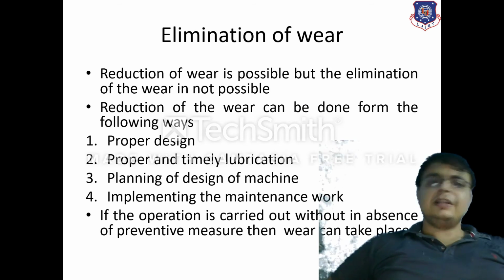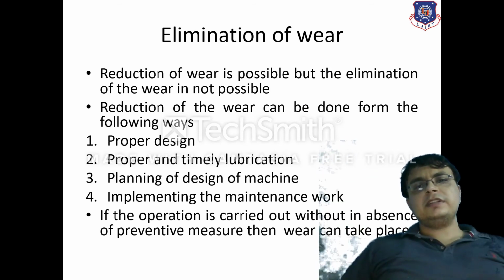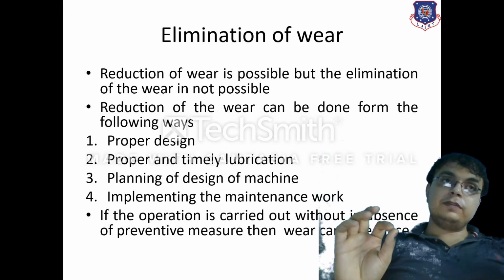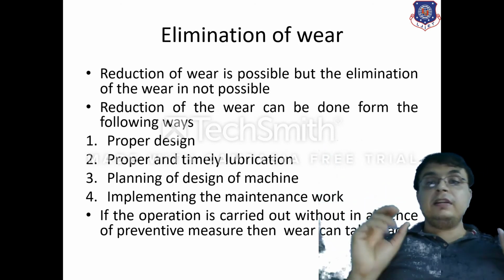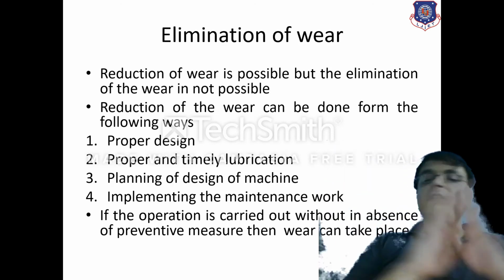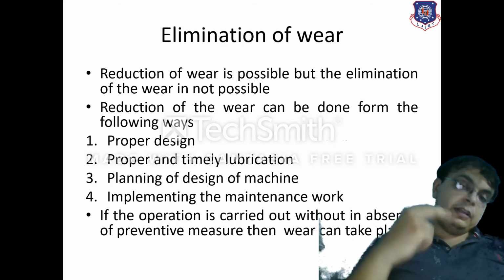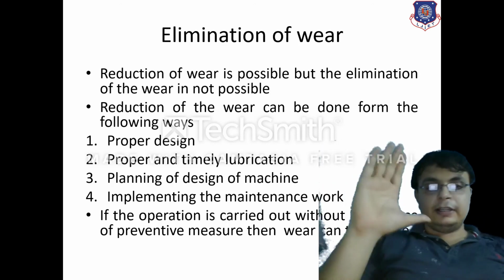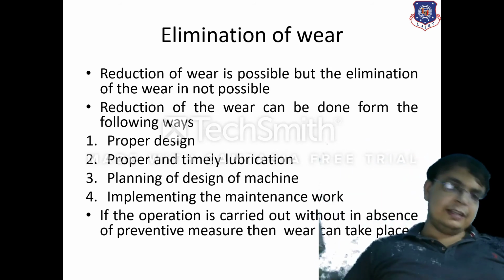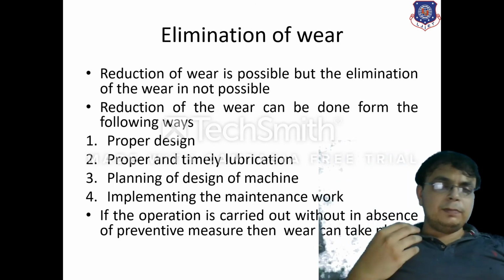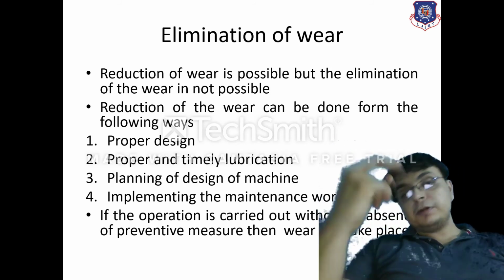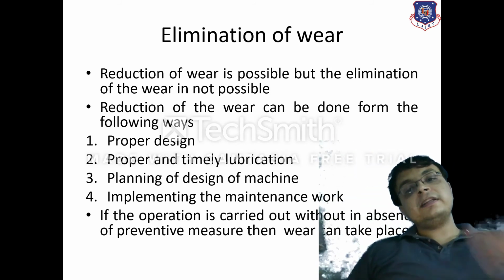Elimination of the wear. There are many methods with the help of which the wear can be reduced. We can say that reduction of the wear can take place, but the complete elimination will never take place. Reduction can take place by the following methods: proper designing, proper lubrication, timely lubrication, proper planning of the machine, and implementing the maintenance work.